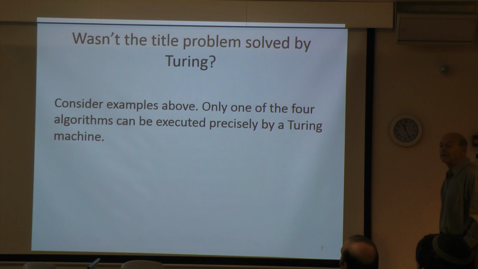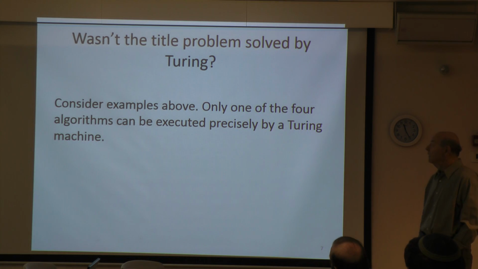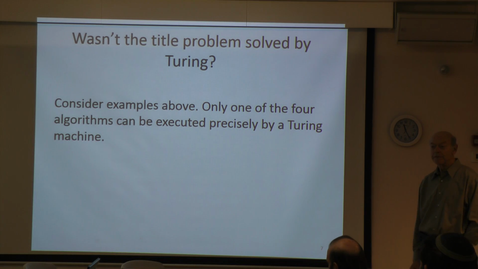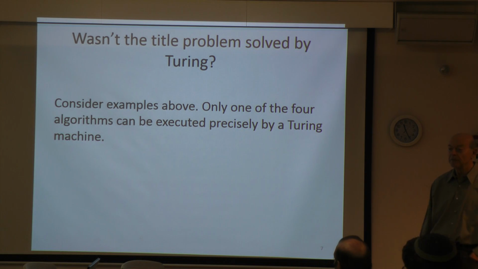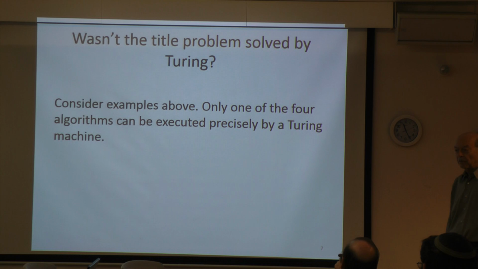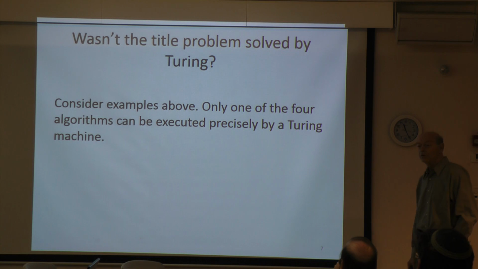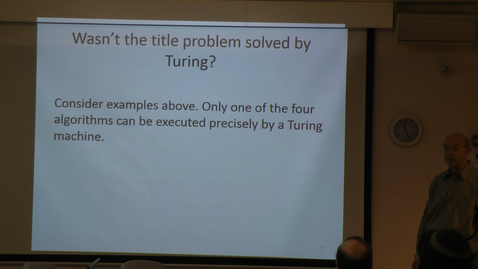So the title problem, what is an algorithm, was solved by Turing? Consider the examples above. These are four classical algorithms. They were called algorithms 200 years ago and 100 years ago. And only one of them can be executed by a Turing machine: Euclid's algorithm on natural numbers.